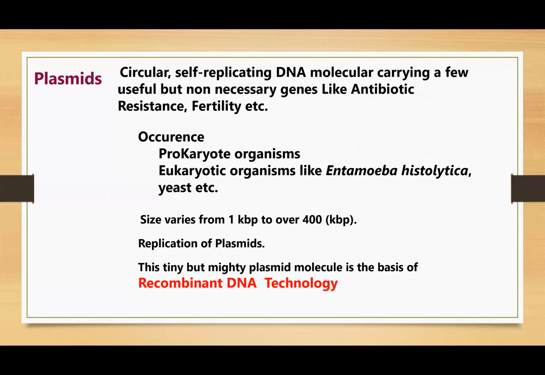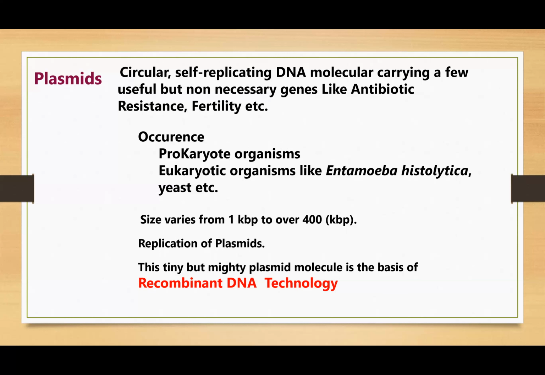And plasmid replication, as you may recall, uses its own origin of DNA replication, but it uses the host cell DNA replication machinery to complete the process of replication, except some recombinant plasmids, which have their own replicating enzyme on it.